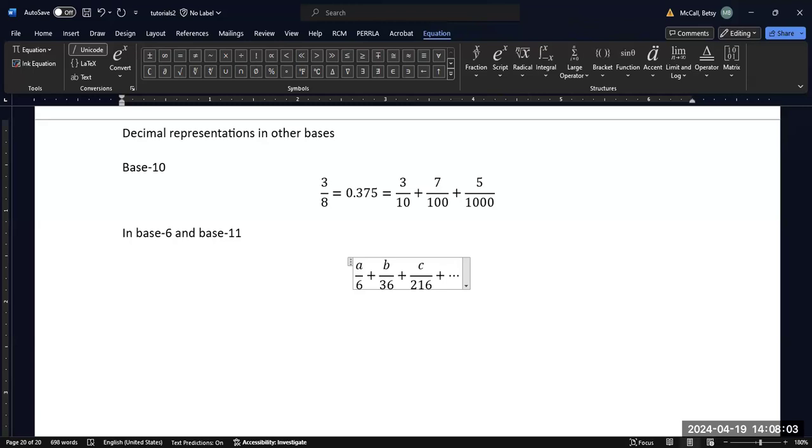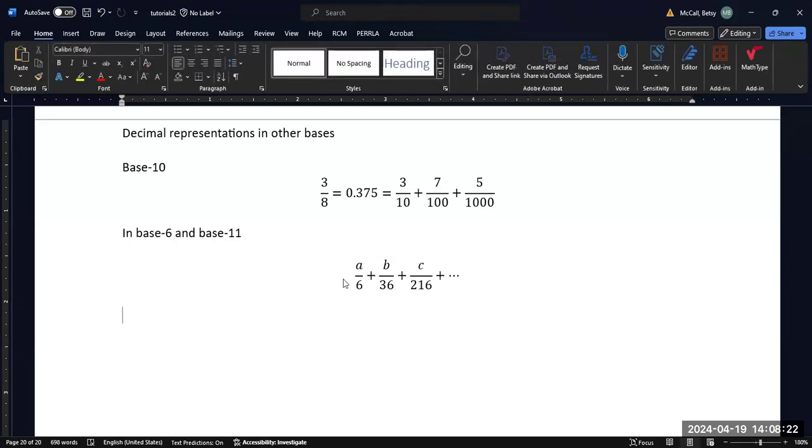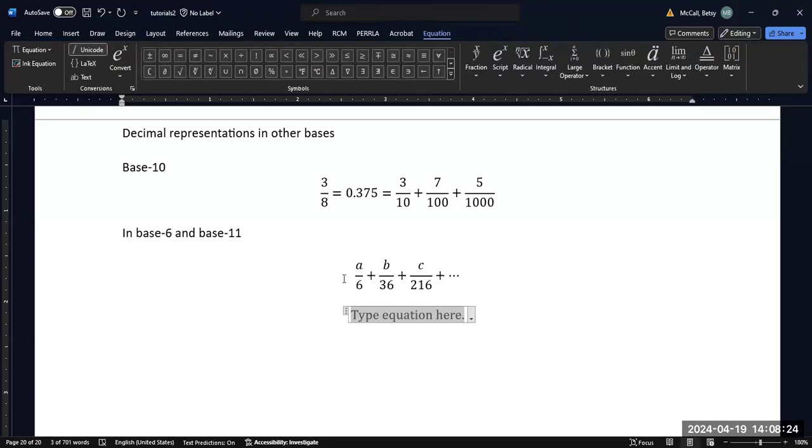So in base 10, we can have numbers anywhere from 0, if we skip over a term, to 9. 0 to 9, that's our 10 digits. So in base 6, we can only have numerators that take on values between 0 and 5: 0, 1, 2, 3, 4, 5. And then that's it.